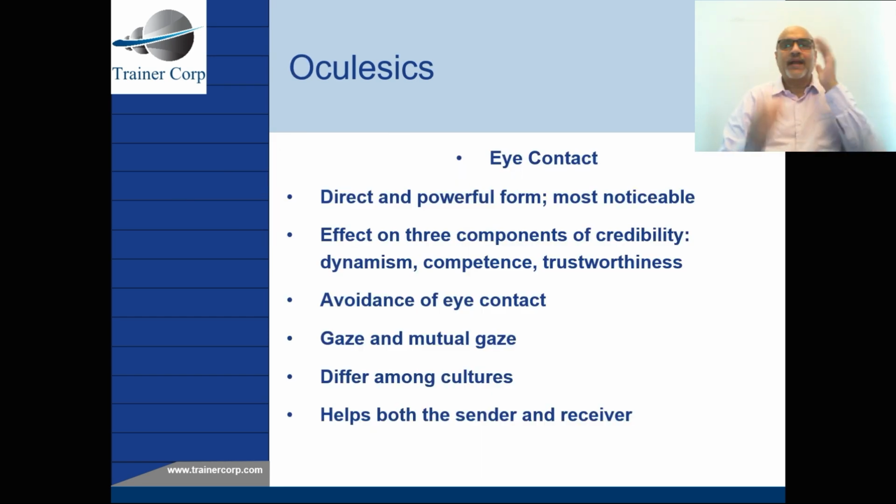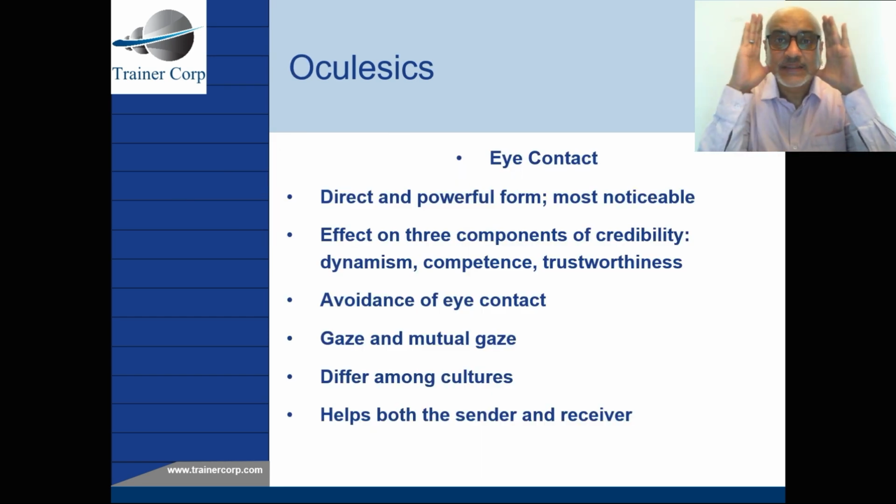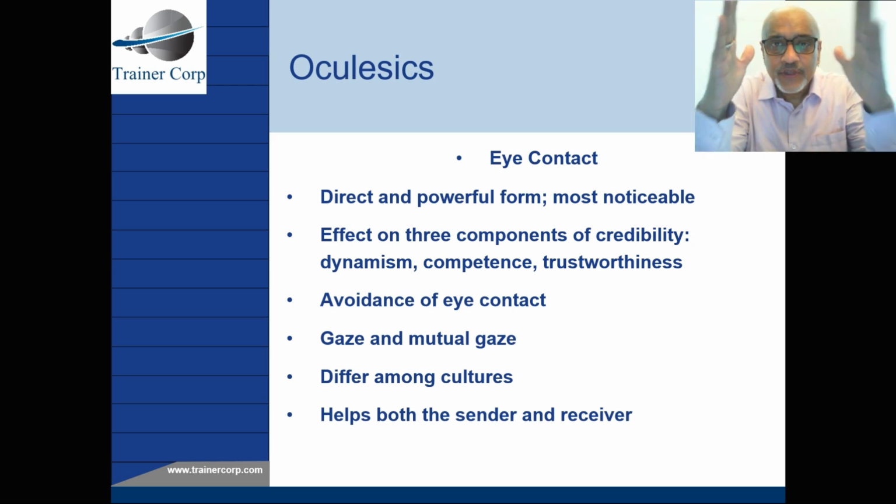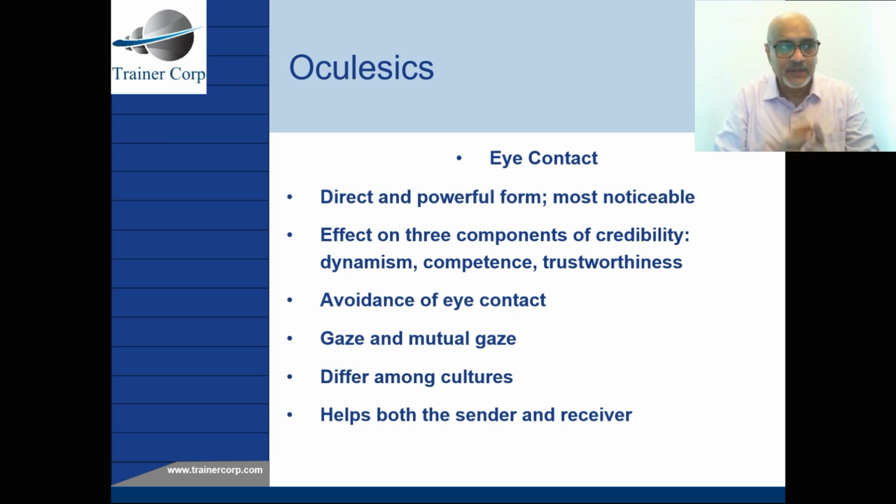This is eye contact. Now this is the biggest window to you and to your soul, window to your atma, window to your mind. So through the eyes you can read the honesty, the loyalty, the sincerity, whether the person is straight, honest, or the person is shifty, trying to hide something.